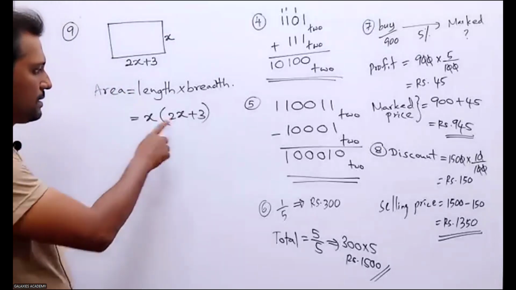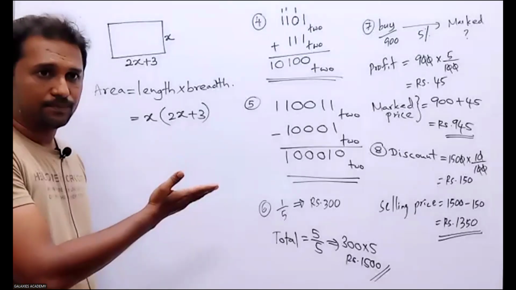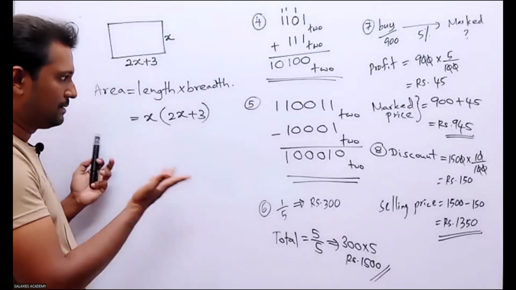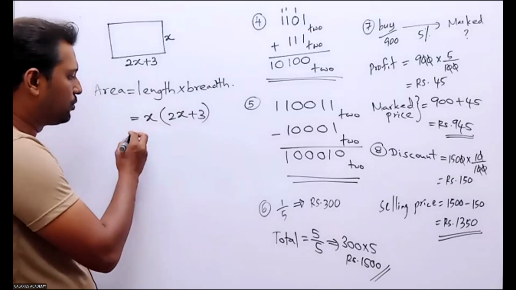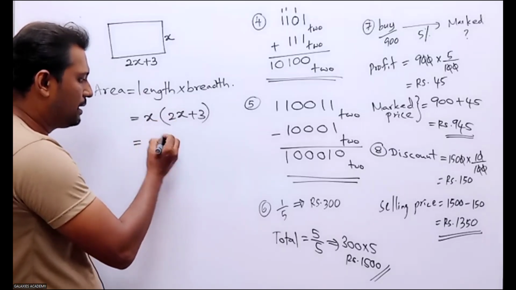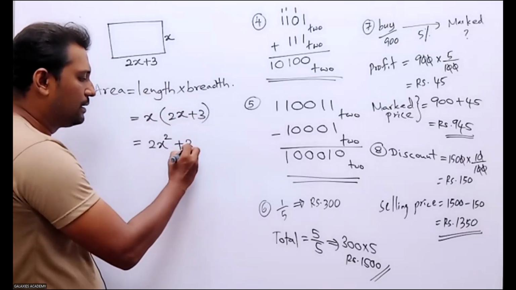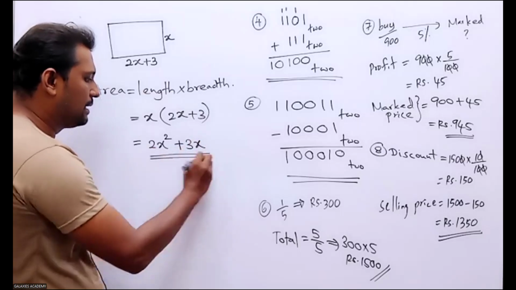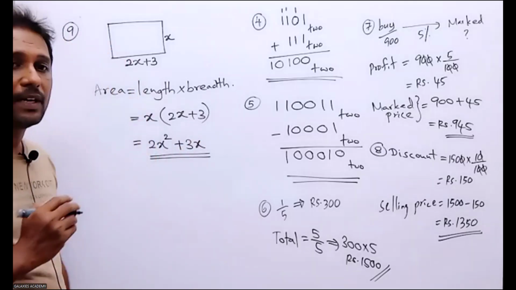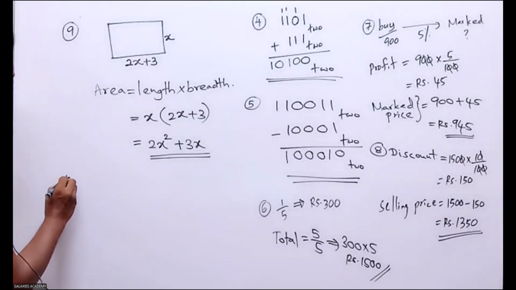This is the length, this is the breadth. Then I can write this expression. If you want, you can remove the brackets. x multiplied by 2x is 2x squared, positive multiplied by positive is positive. x multiplied by 3 is 3x. So this is the area of the given rectangle. It is the ninth question.